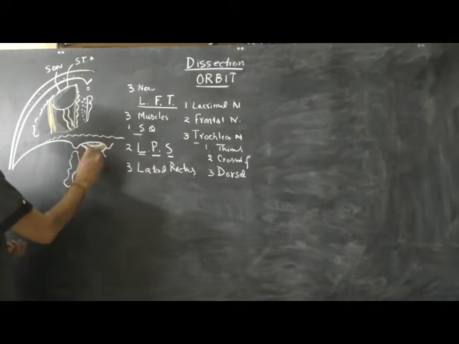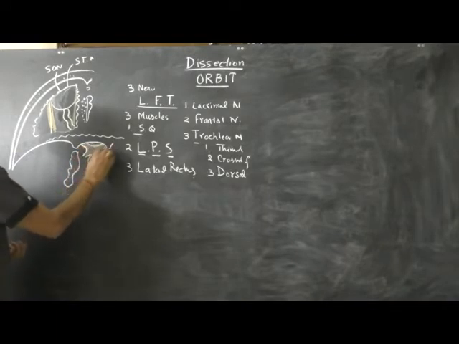So this is seen in the anterior cranial fossa as the two optic nerves coming and crossing against the sulcus chiasmaticus, and then they again go forming the optic tract.